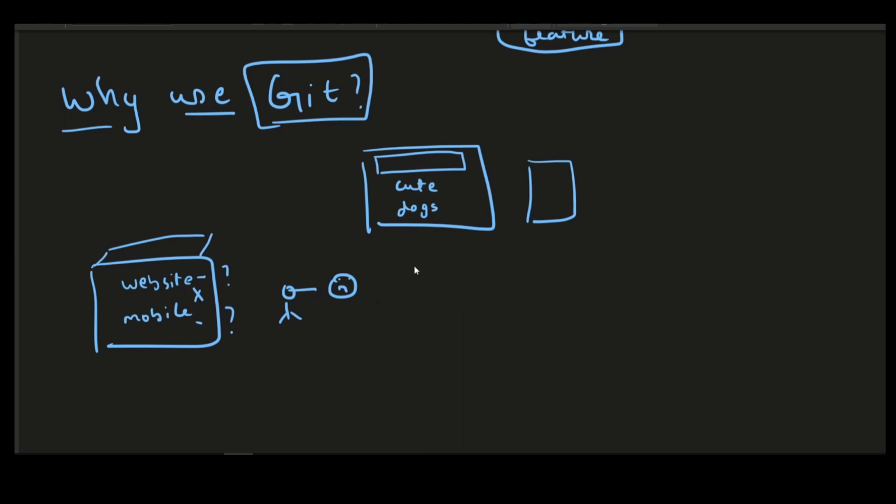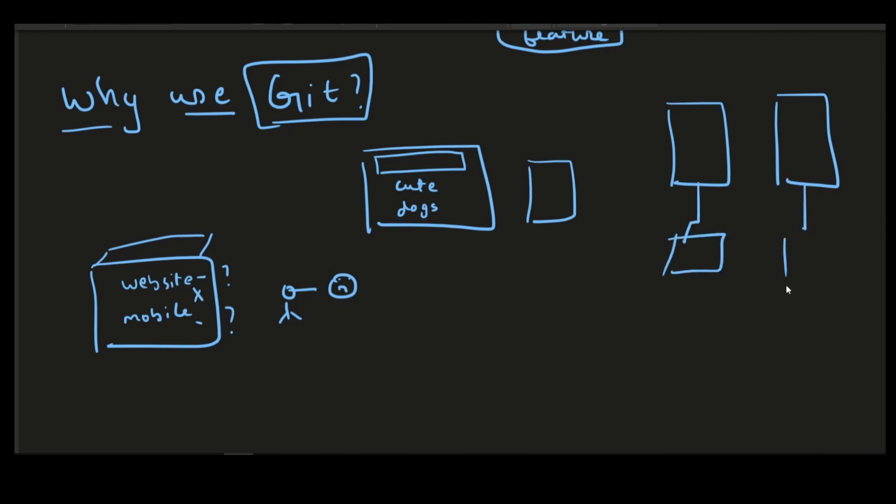Yeah, so what you can do is, Git gives you a feature. You can create branches where in one place there's the website which is getting developed, in other place there's a mobile app which is getting developed. Okay, this is a mobile.